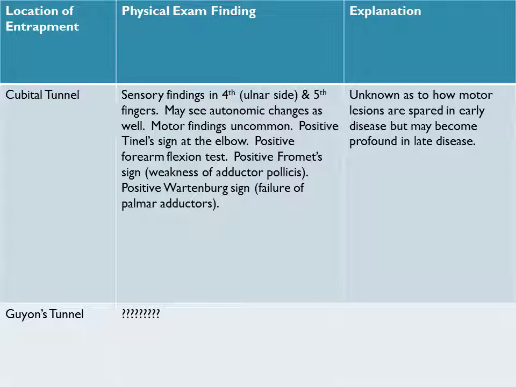We're going to find weakness of the flexor pollicis brevis, and we're going to find weakness of the lumbrical muscles, but generally motor function of the flexor carpi ulnaris and the flexor digitorum profundus muscles would be spared, because by now those motor branches have already come off up in the elbow region, and would be spared in lesions more distal in the Tunnel of Guyon.